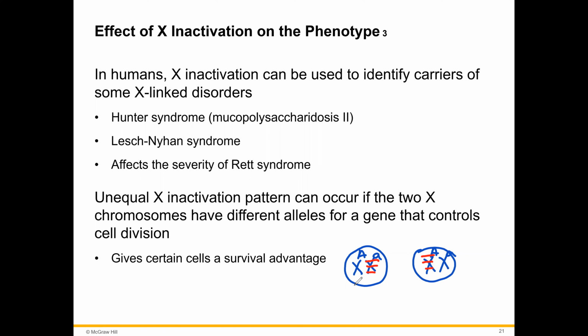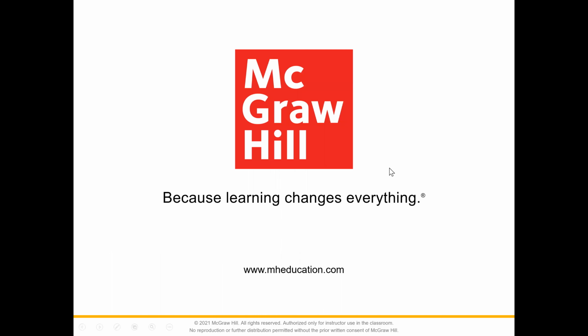Then we have lots of daughter cells that originate from cell 1, and lots of daughter cells that originate from cell number 2. However, if this cell, for example, has an advantage in survival, then we will have more cells that originate from cell 2 than cells that originate from cell 1. I hope it makes sense. So that's X chromosome inactivation.